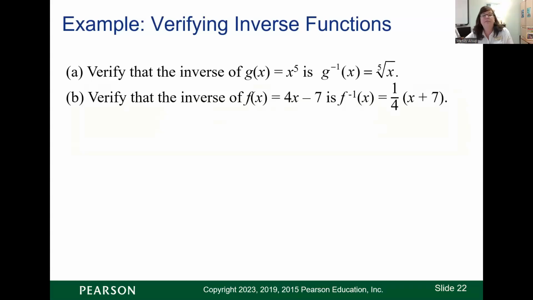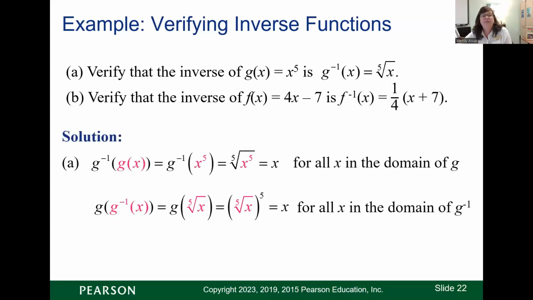How would we do that? Let's find g of g inverse, or g inverse of g; either way works. If we start with the inverse of g of x, this is the inverse of x to the 5th. That's g of x.